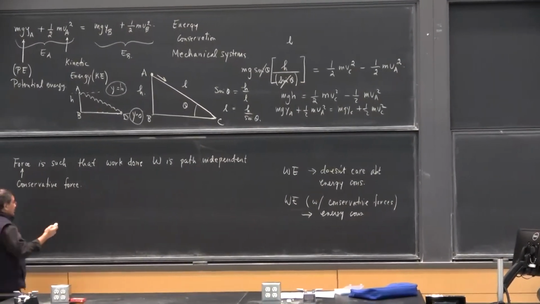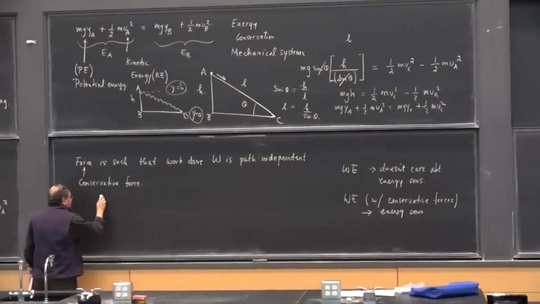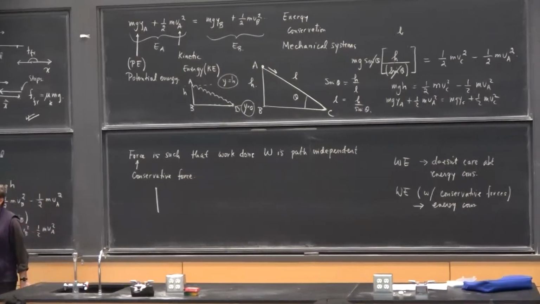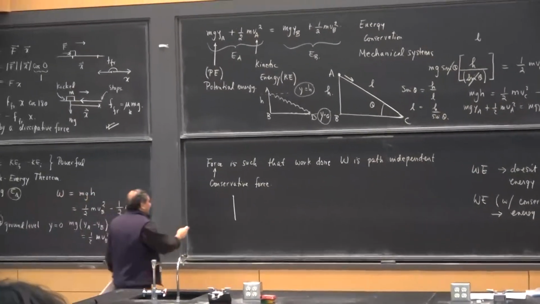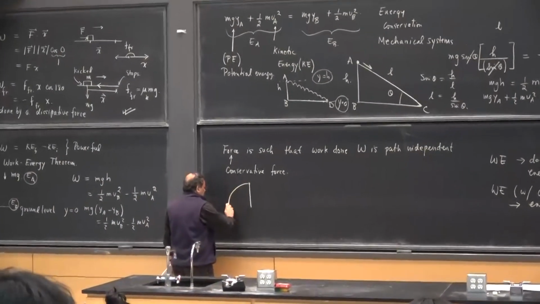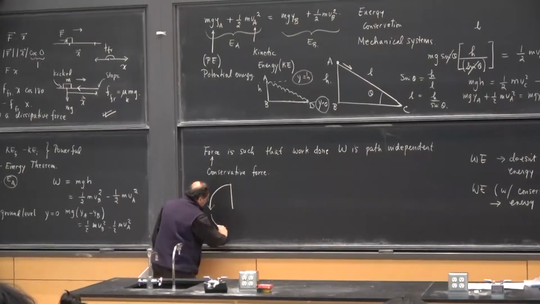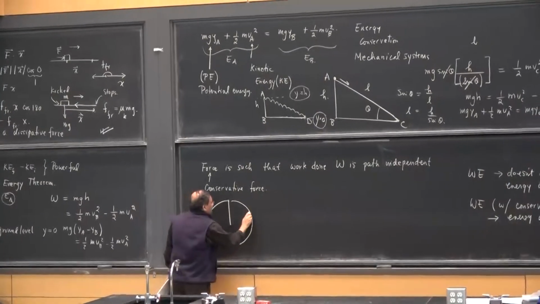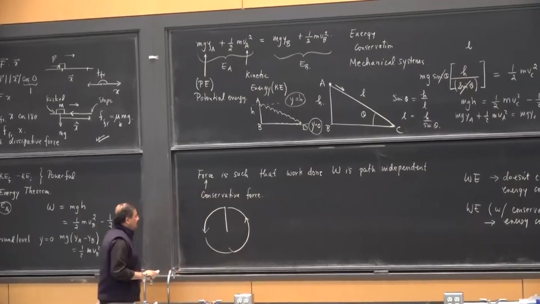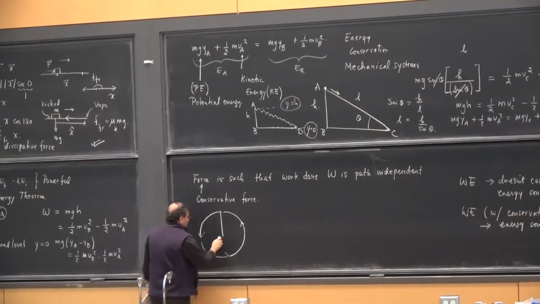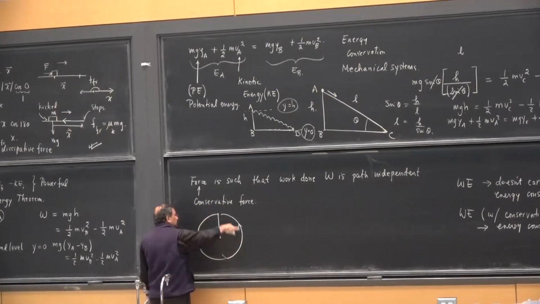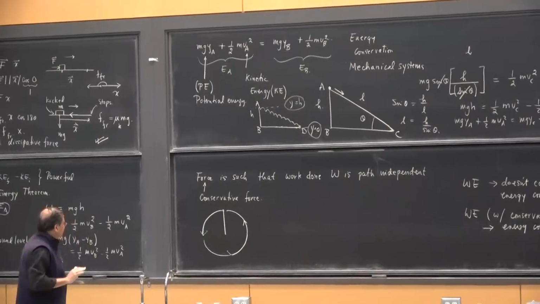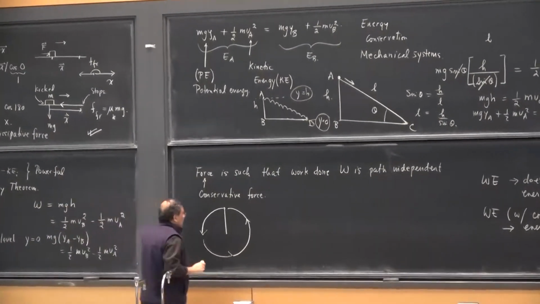So if I take a string and tie a little mass to the other end of the string, and take this around in a vertical circle, just because something is making a round trip, as long as there are conservative forces involved, there'll be no net work done.